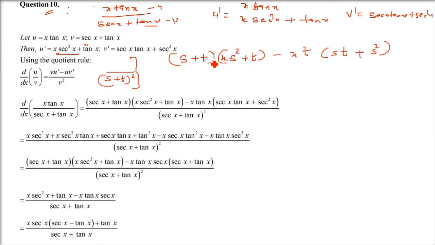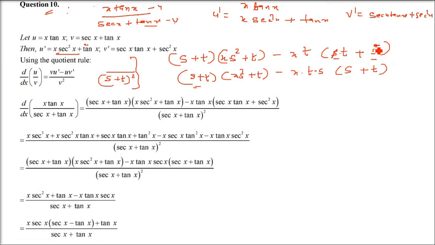I will tell you what we have to do with this. If you see here, sec x plus tan x, this is x into sec square x plus tan x. Here you can take one sec x common. So you have minus x tan x and sec x, and then sec x plus tan x. I just put sec x here, tan x here.